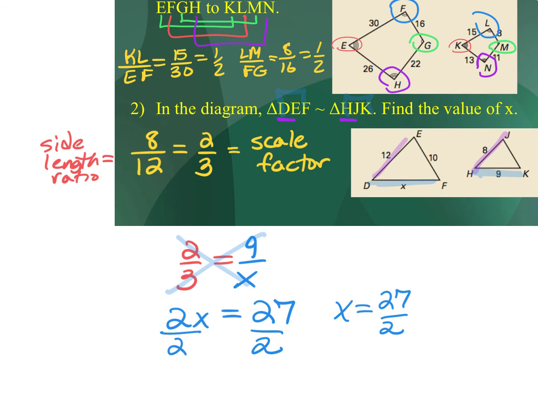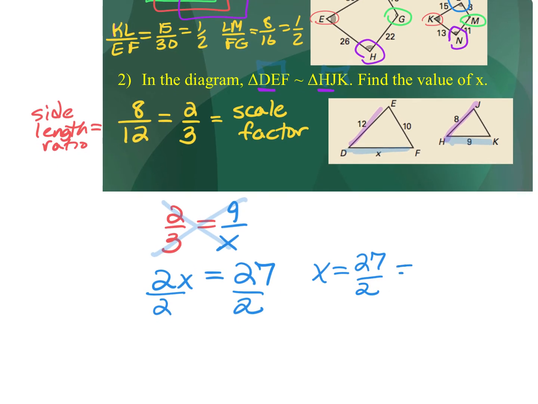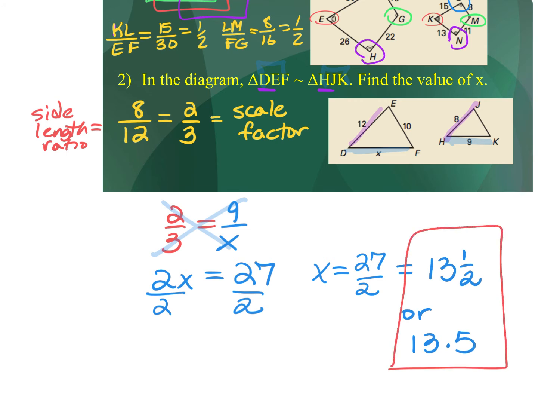Because it's a missing side, I'm going to make it into a mixed number or a decimal. 2 will go into 27 13 times with 1 left over. Or you could make it a decimal. Either way, you're dividing. So that is the answer for x. You can either leave it as 13 and 1/2, a mixed number, or 13.5.